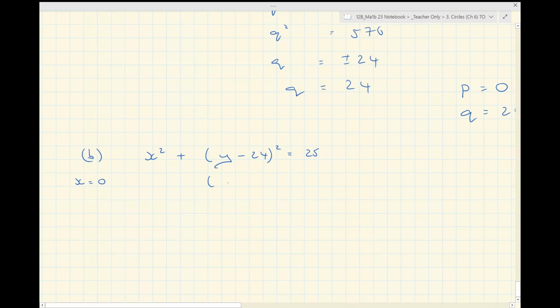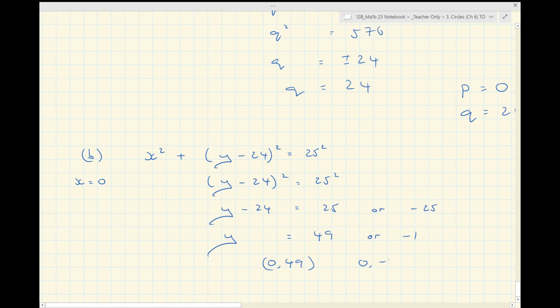So I simply have y minus 24 squared equals 25 squared. Square root both sides: y minus 24 equals either plus 25 or minus 25. Add 24 to both sides and I get y equals 49 or minus 1. So the points in question are 0, 49 and 0, minus 1. And that is part B of question 13 finished.